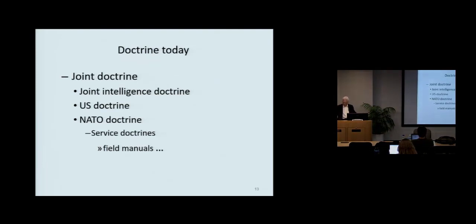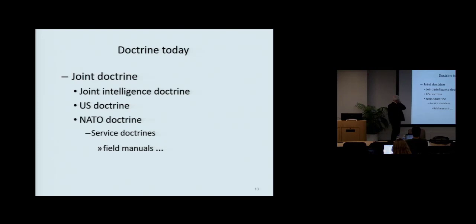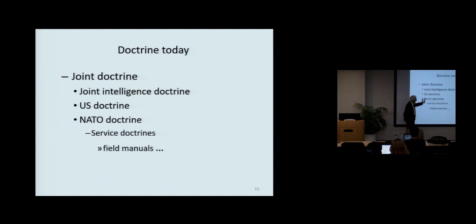All right, so it's more complicated because, first of all, there is joint doctrine, and then there is US doctrine, and then there is NATO doctrine. Also, all of these break down into various service doctrines and field manuals.